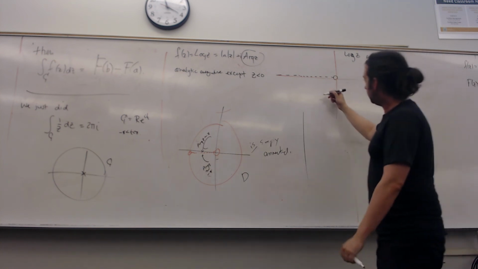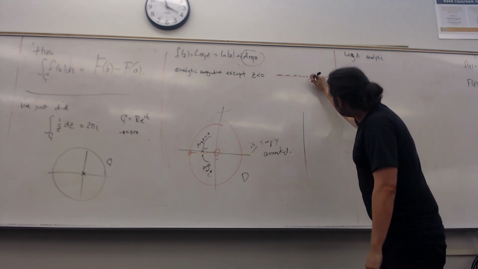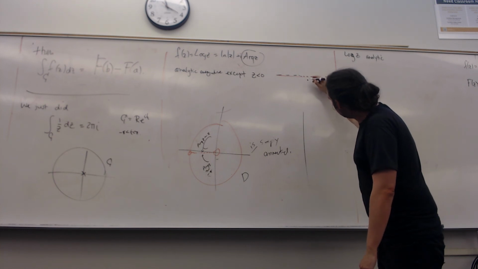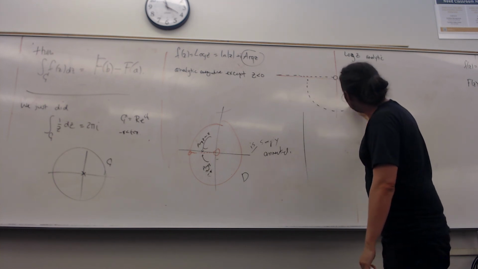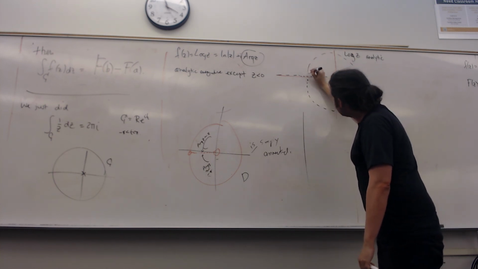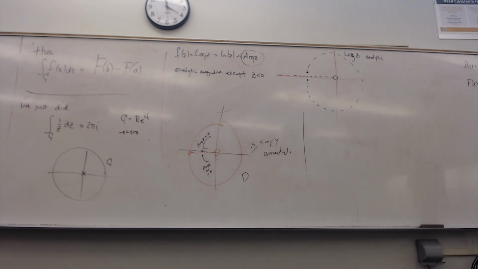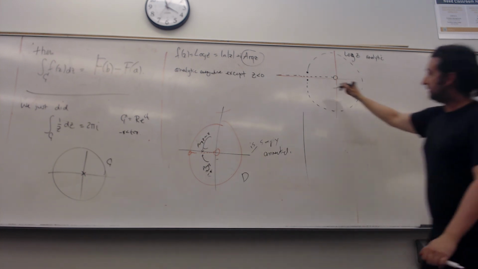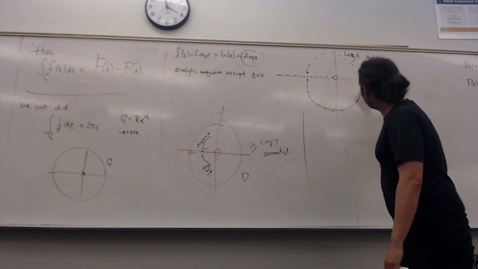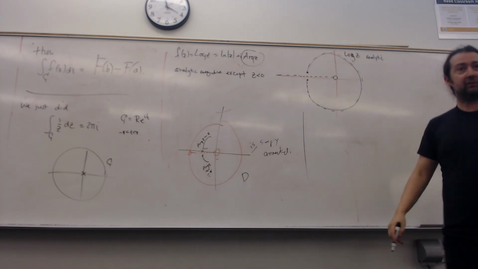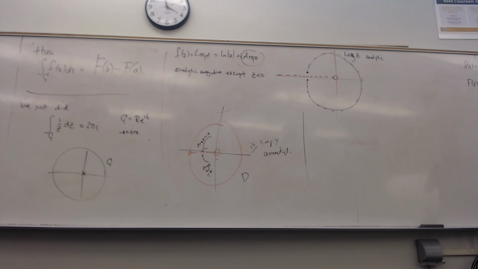Well, let's set up a curve that looks like this. Let's start at this point right here, and then let's integrate in a circle that goes around this way and stops right there. Does that make sense? Is that path that I just drew entirely in the region where the log of z is analytic? Oh, that means I could use the fundamental theorem of calculus to evaluate it.